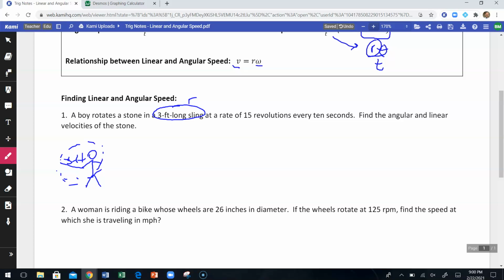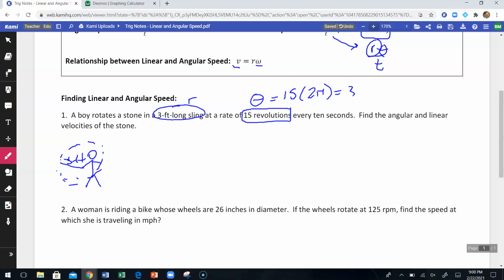It is going 15 revolutions every 10 seconds. So the number of revolutions is what helps us with the angle. If it goes 15 revolutions, that means that the angle that it has gone is 15 times 2 pi. One revolution is an angle of 2 pi radians.